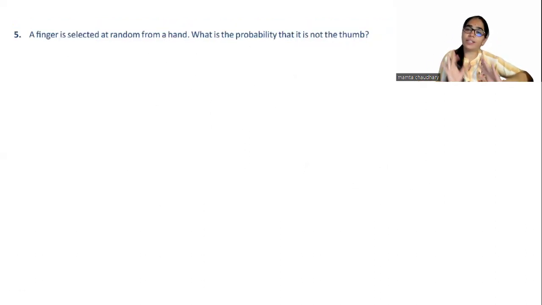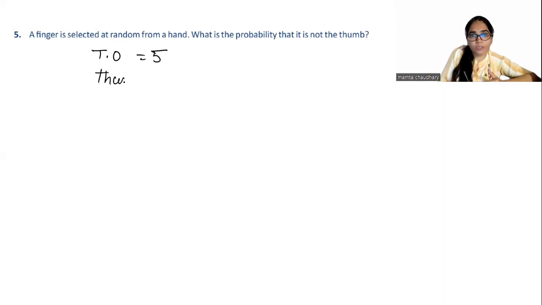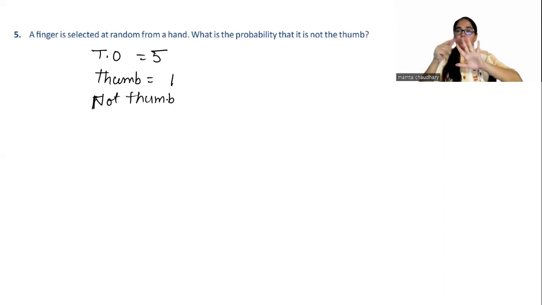A finger is selected at random from a hand. From a hand, it means we are talking about this only. What is the probability that it is not the thumb? Total outcomes: how many fingers are there in this hand? 1, 2, 3, 4, 5. So there are total 5. Now how many thumbs are there? 1. And the fingers which are not thumb: 1, 2, 3, 4.